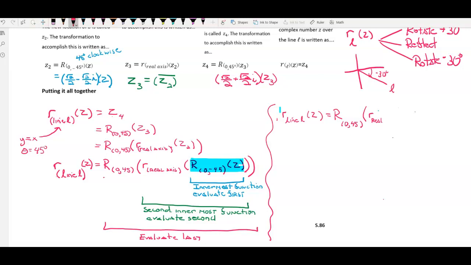Then this is going to be real axis parenthesis. Now, instead of that blue part, I'm going to put in root 2 over 2 minus root 2 over 2 i times z.